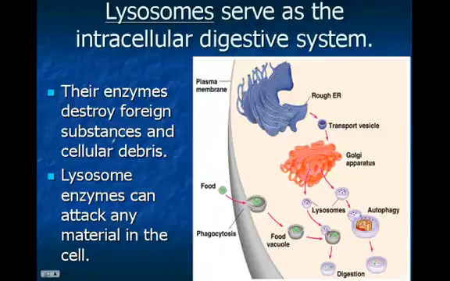So then we have lysosomes, okay? And lysosomes are actually these really cool little vesicles, and they are small. I like to call them small but mighty. The reason being is that they contain all of these really destructive enzymes. They contain all of our digestive enzymes.